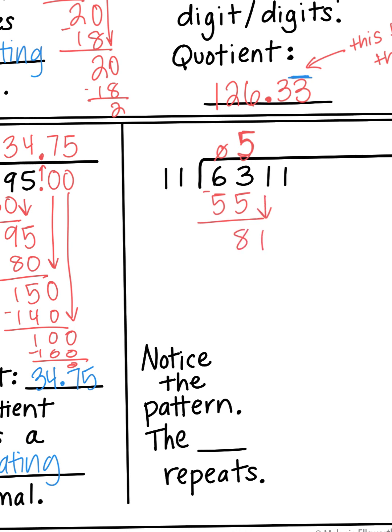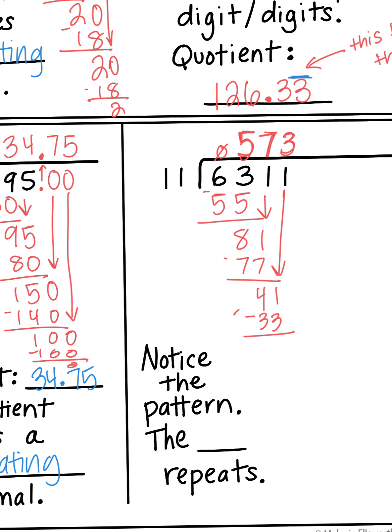Bring down. 11 goes into 81 how many times? 7 times. 11 times 7 is 77. Subtract, and I have 4 left over. Bring down. 11 goes into 41 3 times. What is 11 times 3, everybody? 33.